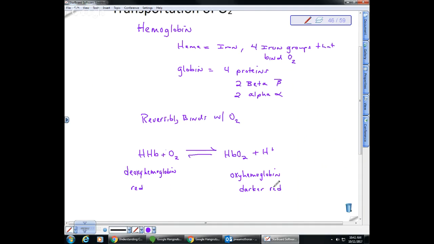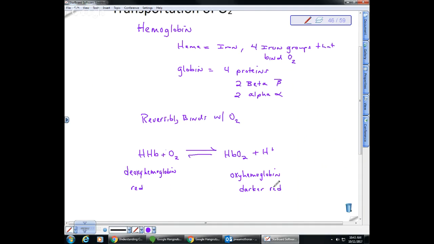Now, did we talk about when hemoglobin tends to give up its oxygen when we talked about blood? It actually gives it up in the capillaries, but remember it gives it up because it dissociates from hemoglobin.